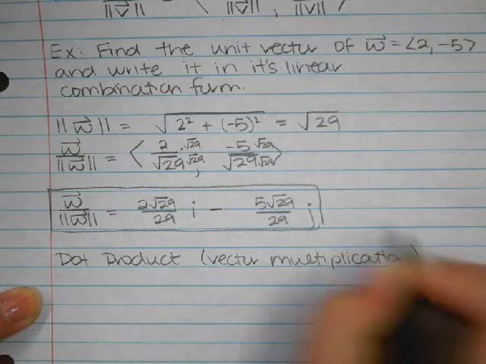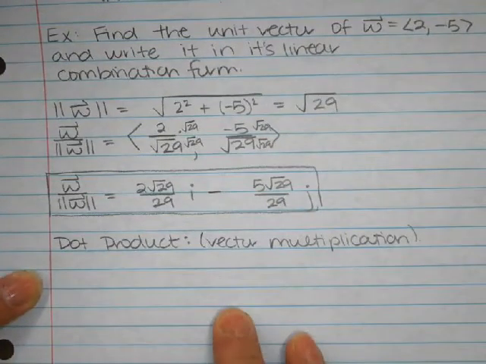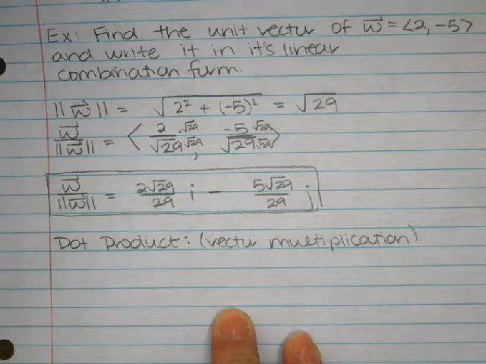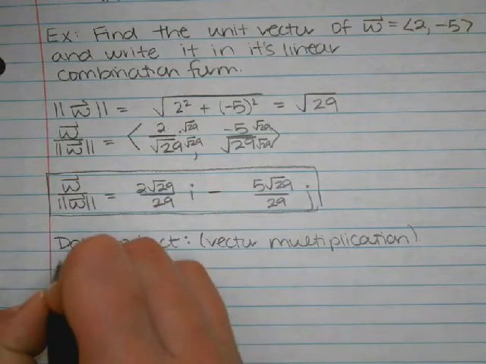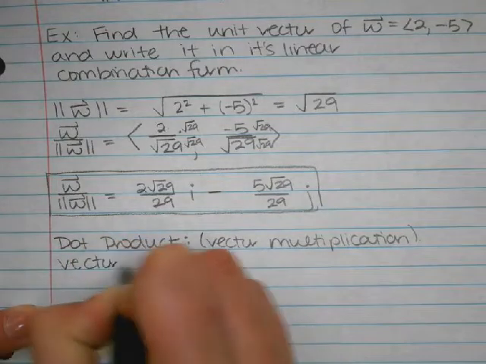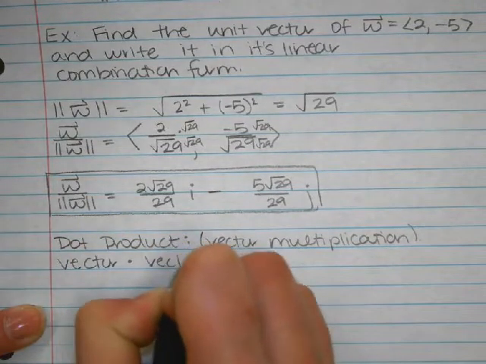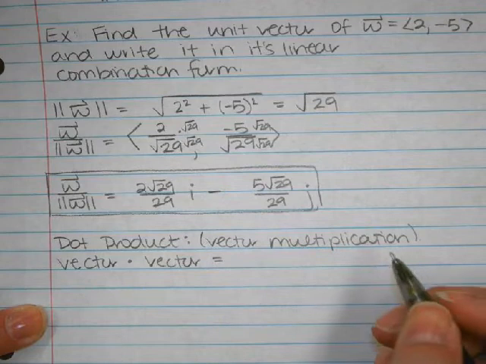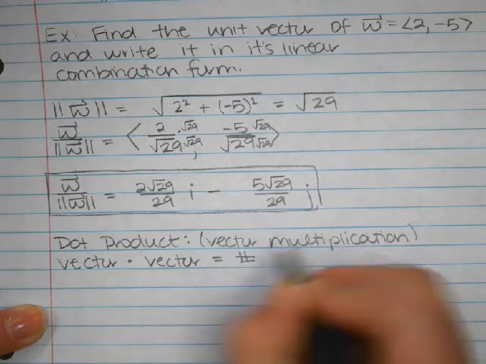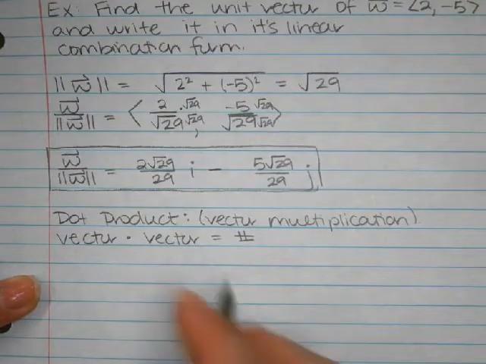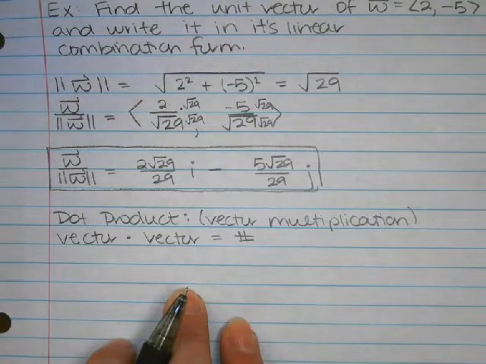Now here is what always throws students off: if you add two vectors, you get a vector as an answer. If you multiply a vector by a scalar, then you get a vector as an answer. If you multiply two vectors together, meaning you do the dot product, so vector dot another vector, your result is not a vector, it's a single number. So the dot product is a single number.